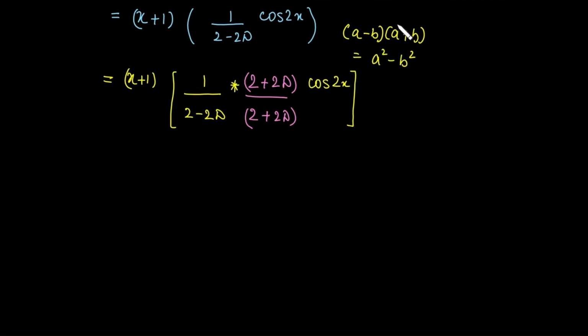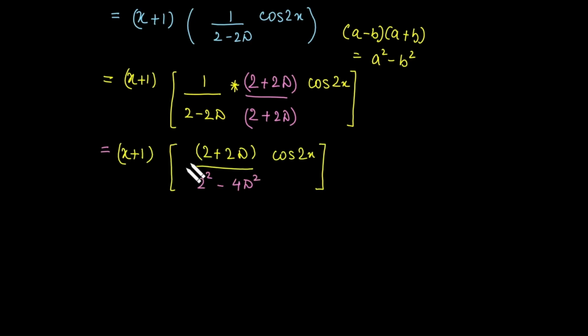In order to create a plus b, we multiply by 2 plus 2D as well as divide by the same term. Now simplify this. After simplification, we have this term in the denominator, that is 2 squared minus (2D) whole squared, which will be 4D squared.